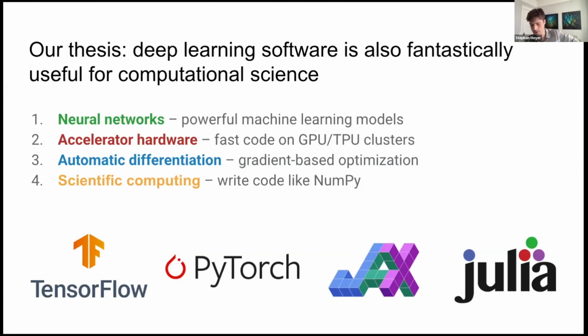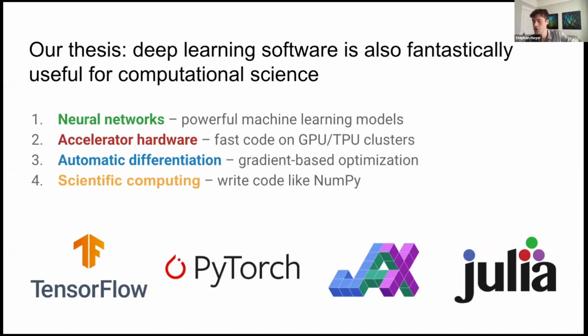Fundamentally, these deep learning tools are libraries for doing automatic differentiation. So they do gradient-based optimization of everything. Of course, that's also tremendously useful for science. Actually, automatic differentiation was originally developed for applications like data assimilation and weather forecasting, for implementing the adjoint state method.